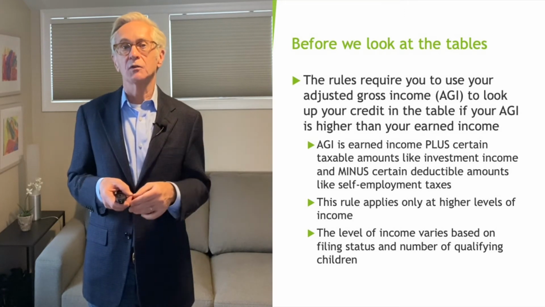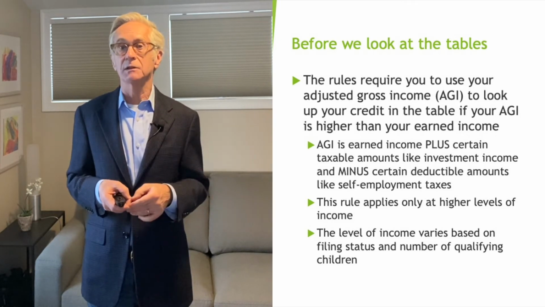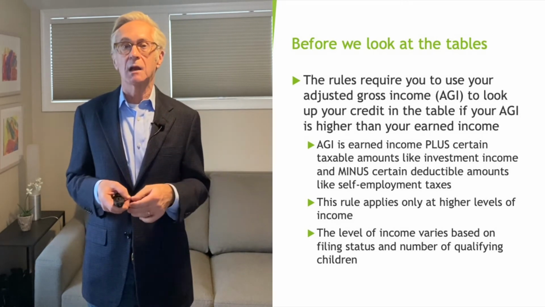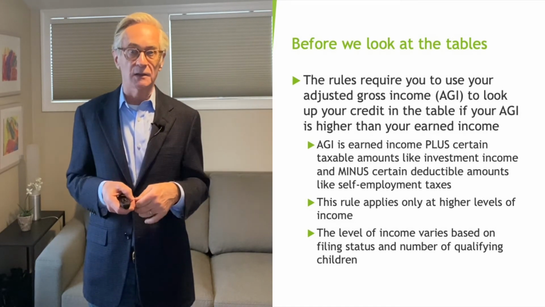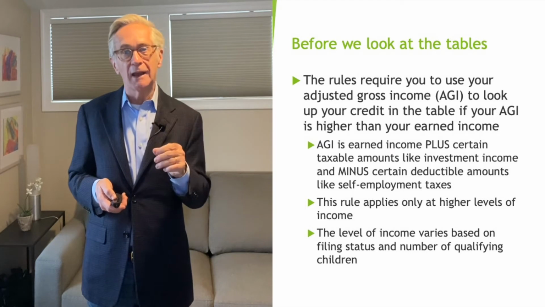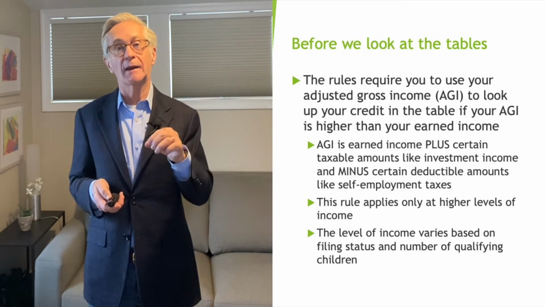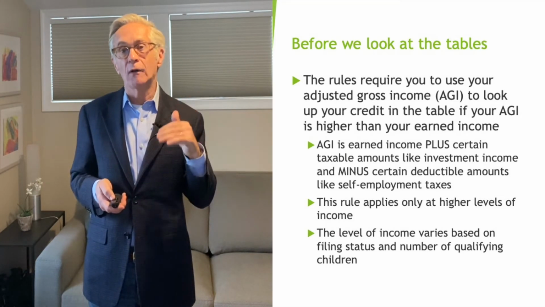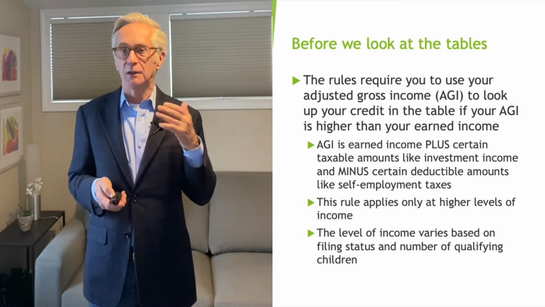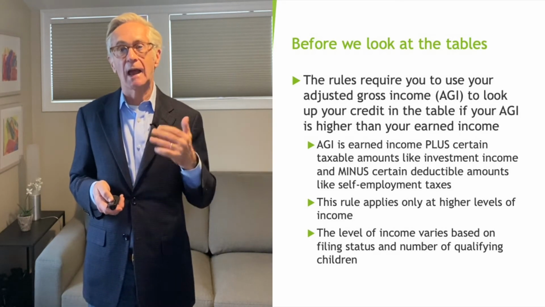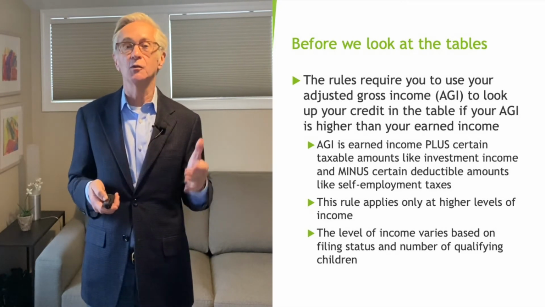Now, adjusted gross income is earned income plus certain taxable amounts like investment income, and then you subtract certain deductible amounts like self-employment taxes. Now, it gets complicated because this rule that you may have to use your adjusted gross income to look up the amount of your credit in the table applies at only higher levels of income, and the level of income at which it applies depends on your filing status and the number of qualifying children. And it's just way too complicated for me to get into in this video.